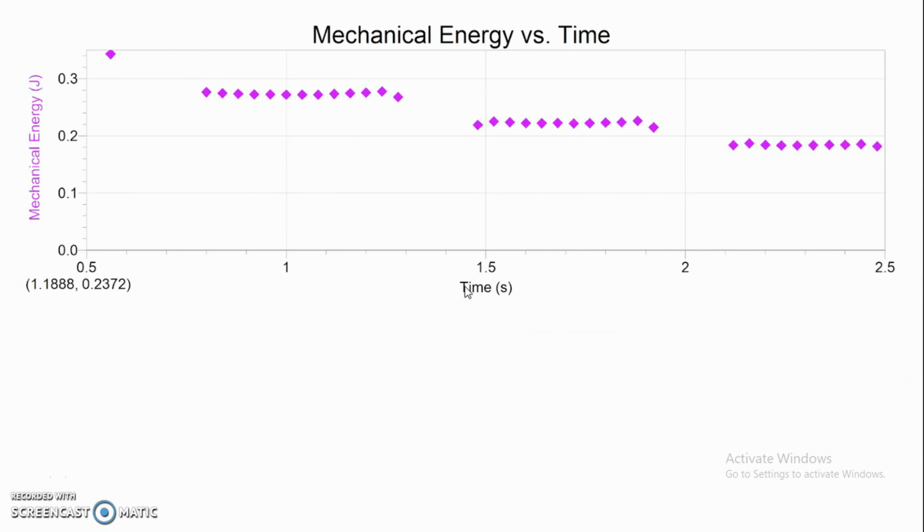Here is a visual representation of the percent loss of the mechanical energy over time. The very initial drop value of mechanical energy was about 0.375 joules. And as you can see, as time goes on, each tier of mechanical energy goes down after each rebound.